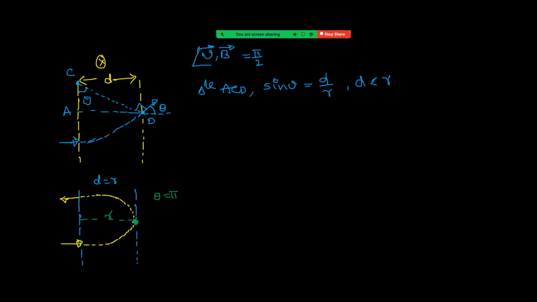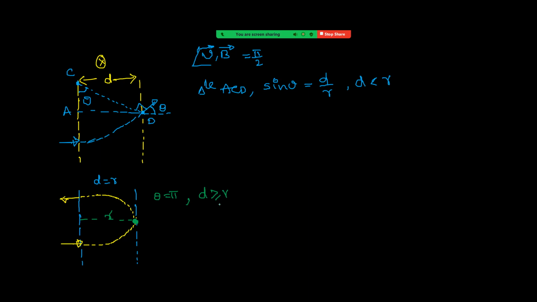Suppose I take the d value greater than R. Then again the same thing continues. In both cases, d greater than R or equal to R, deviation equals 180, because when it completes one-fourth revolution, it is still inside the field. Therefore, still magnetic force is acting.